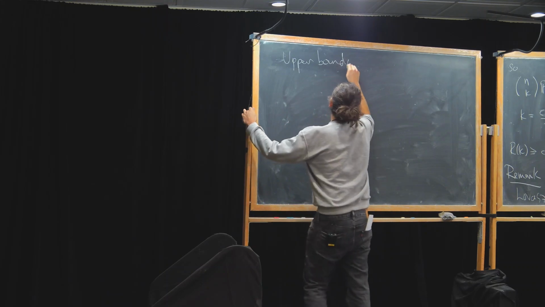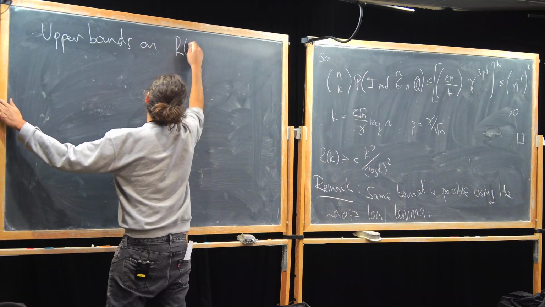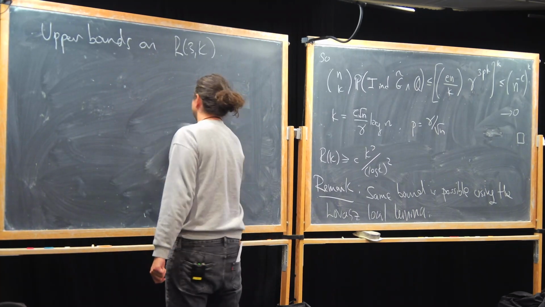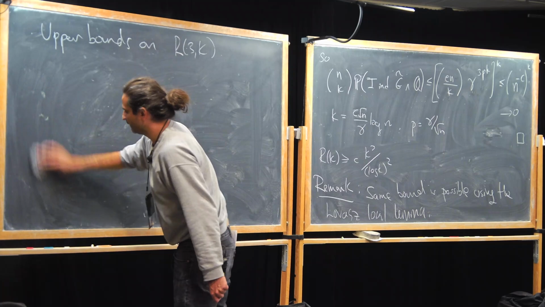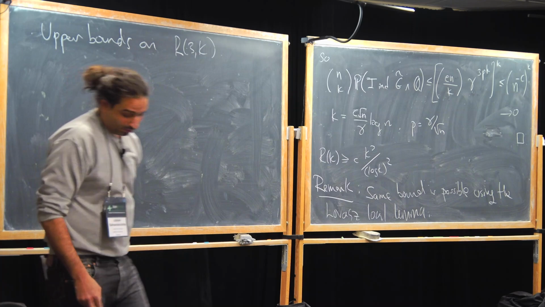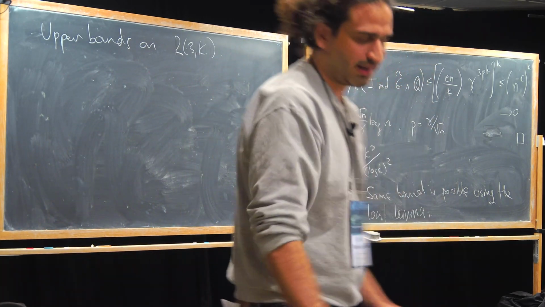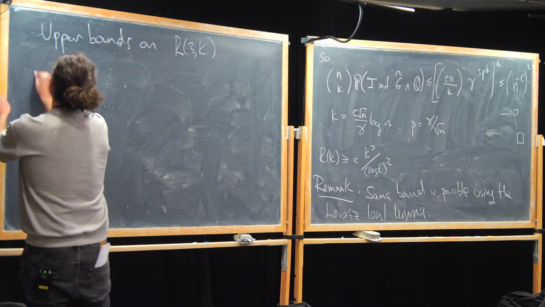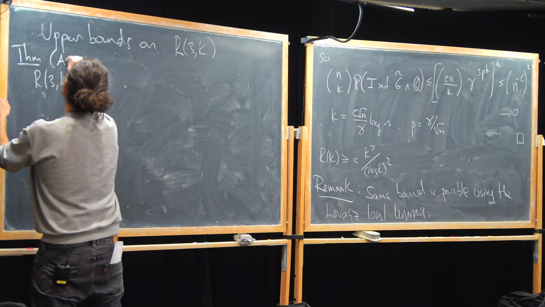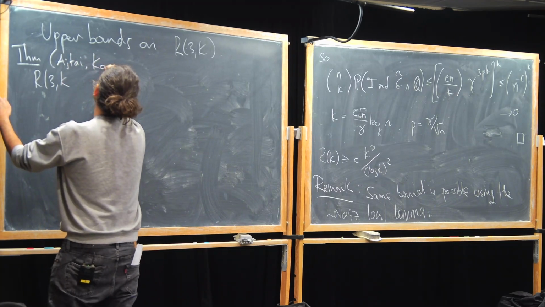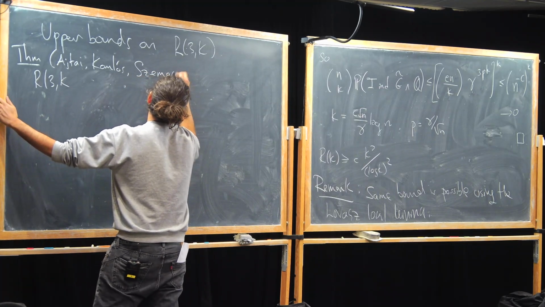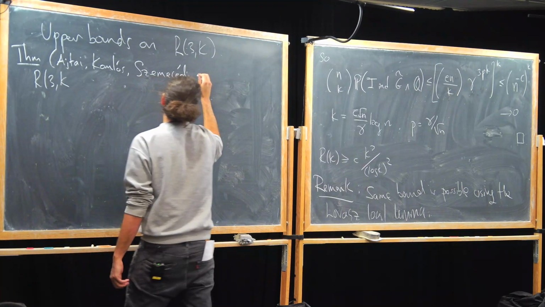Upper bounds on R(3,k). Okay, so what I'd like to hopefully prove today, maybe stretching a little bit into next time, is that R(3,k), well, this is a theorem due to Ajtai, Komlós, and Szemerédi, from the 80s.